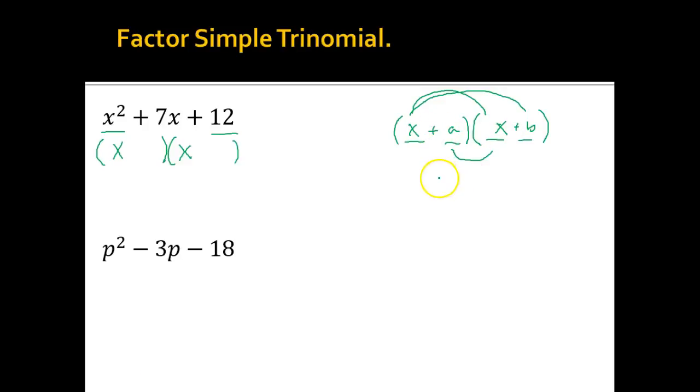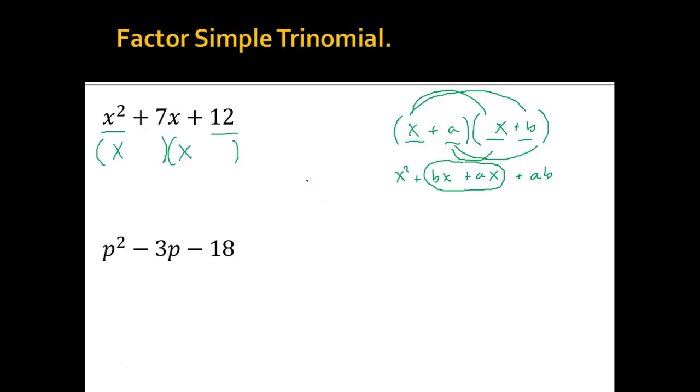So we have bx and then plus ax, those are our inner and outer terms. And those two are the ones that usually get added together, right? So whatever that middle number is, it's whatever the a and the b are added together. And then we do our last terms, that's a times b. So that last number is whatever the two numbers that fit in those last two slots multiplied together.